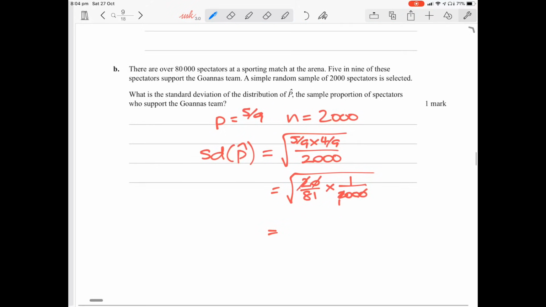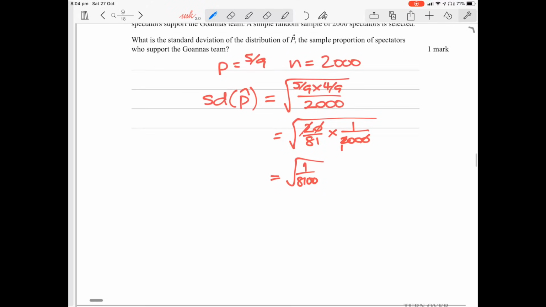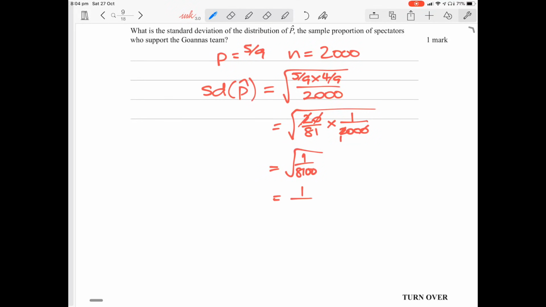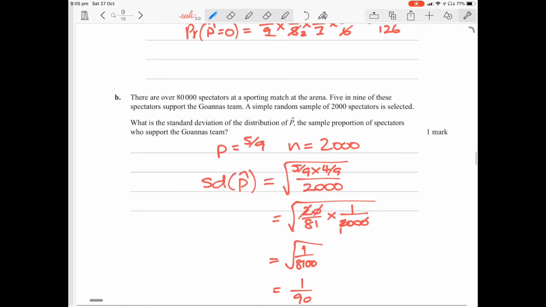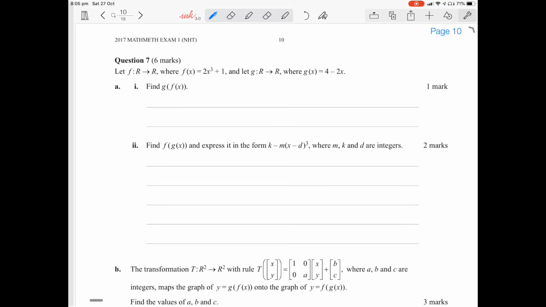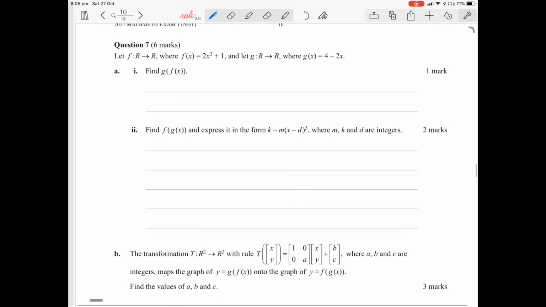So I'm going to have 1 on 8100 square rooted. The square root of 1 is 1. That's going to be 90 times 90, 81, 1, 2. So the standard deviation of P hat is 1 on 90. Assuming I didn't stuff anything up.